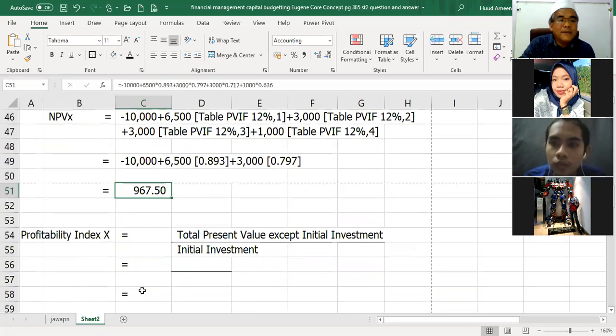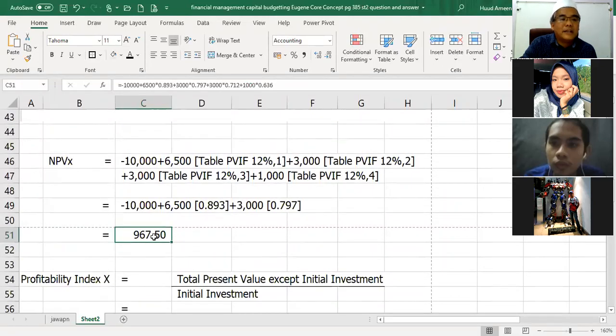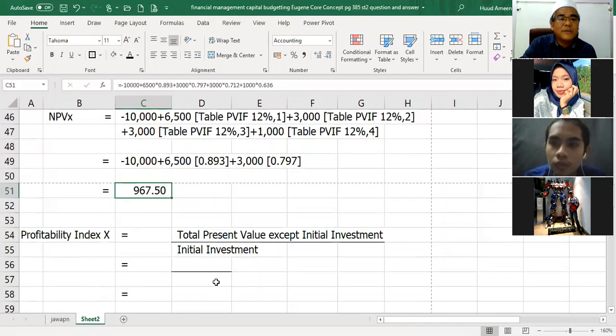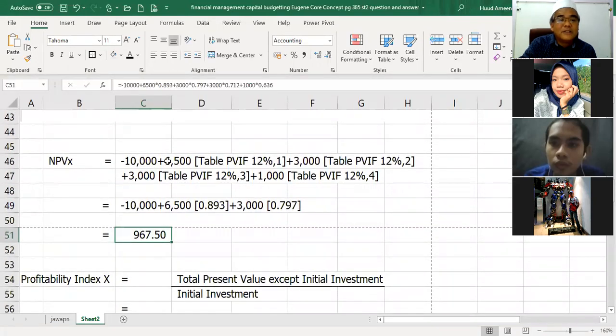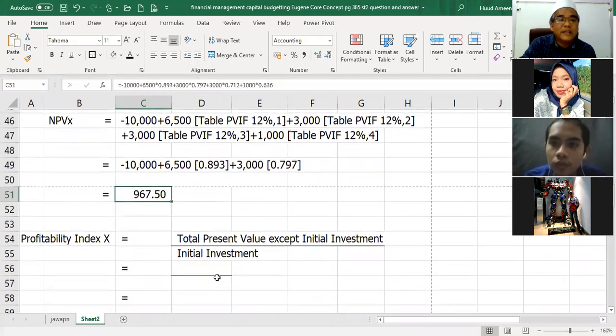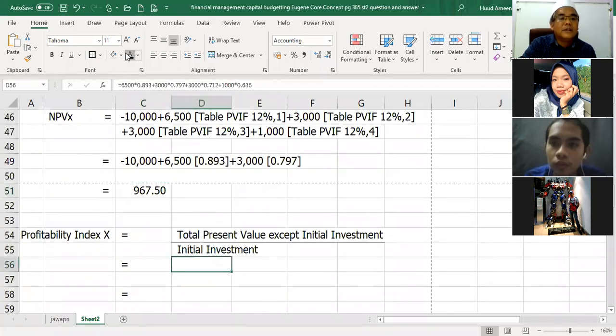All right, and then profitability index. Profitability index is very easy. You refer to the answer in NPV, the total present value, except the initial investment. So you have to ignore the 10,000 here and just sum the present values.